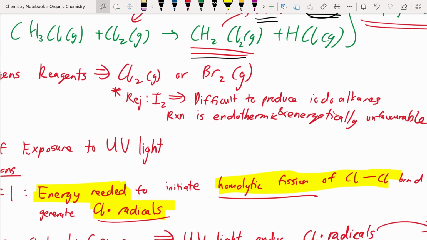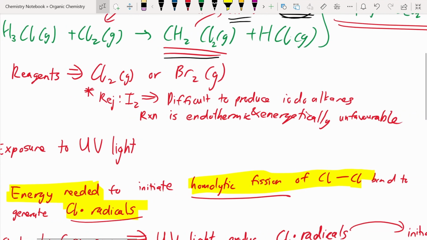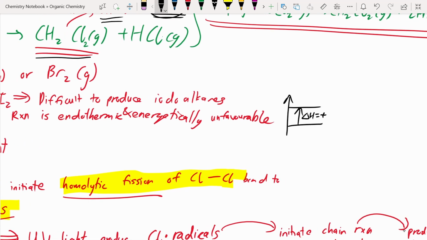That is why the reaction is energetically unfavorable, because the products will be at a high energy level. In a sense, the enthalpy change of the reaction will be a plus sign.